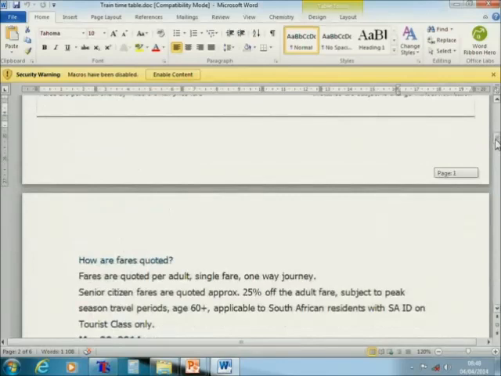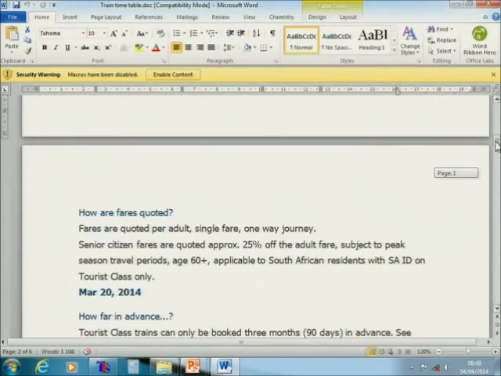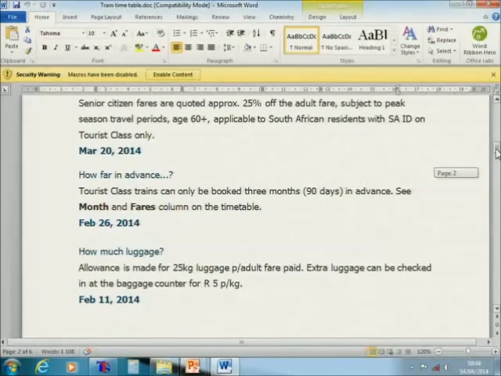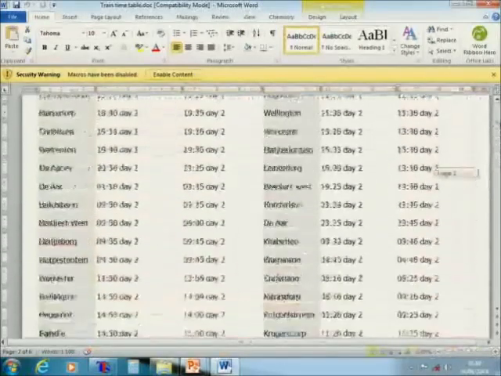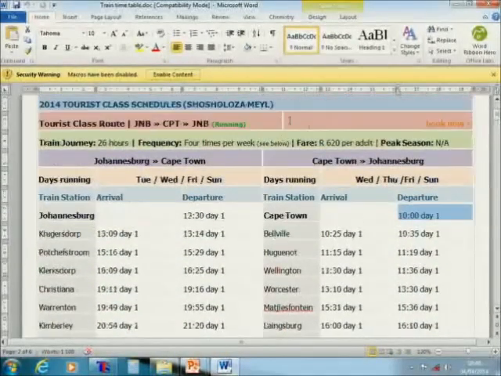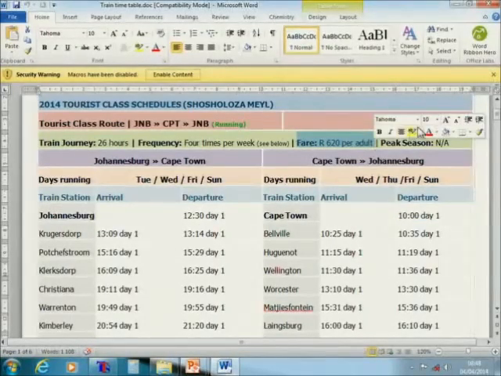The fare for adults, it's how much? Somewhere there on top, but you need to go and look for it. There on top, the fare is 620 per adult.